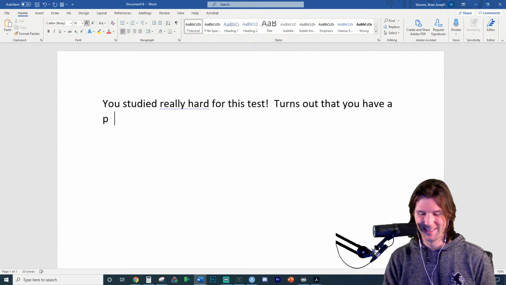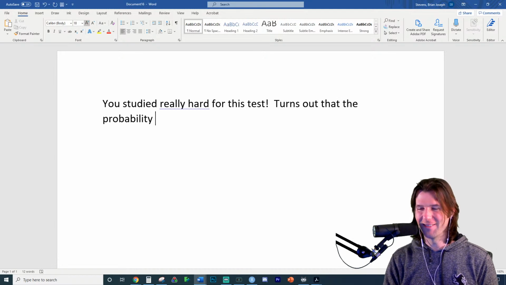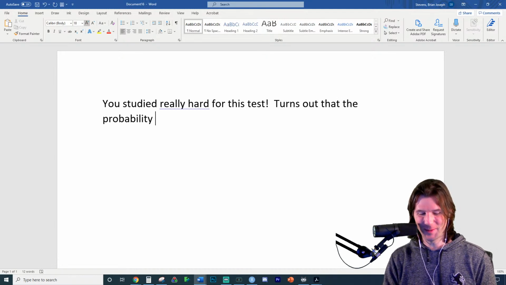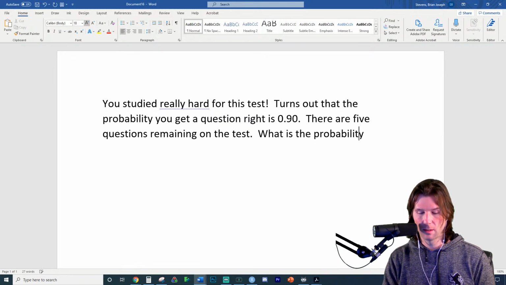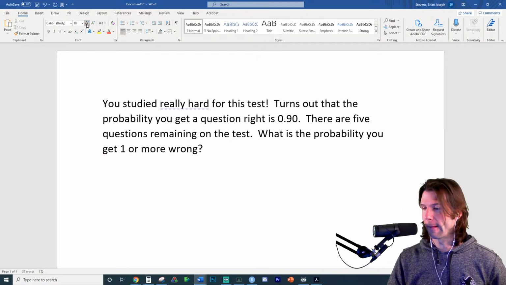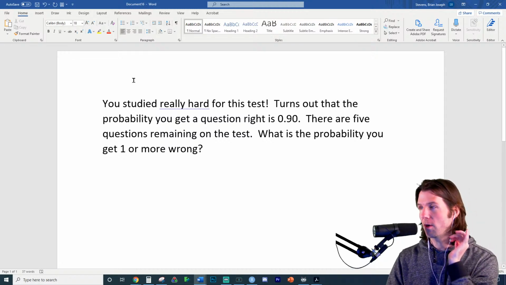Turns out the probability you get a question right is this. There are 5 questions remaining on the test. What is the probability you get one or more wrong? So you studied really hard for this test.